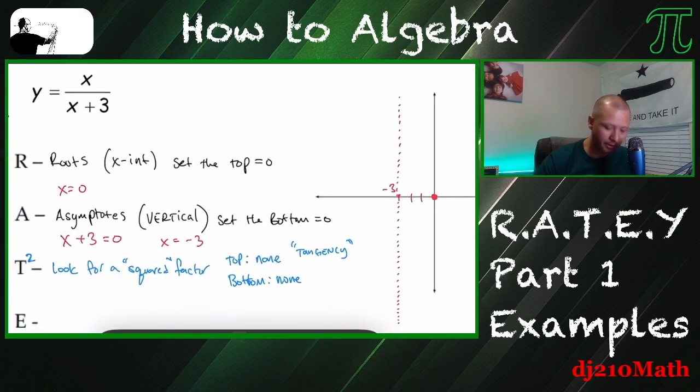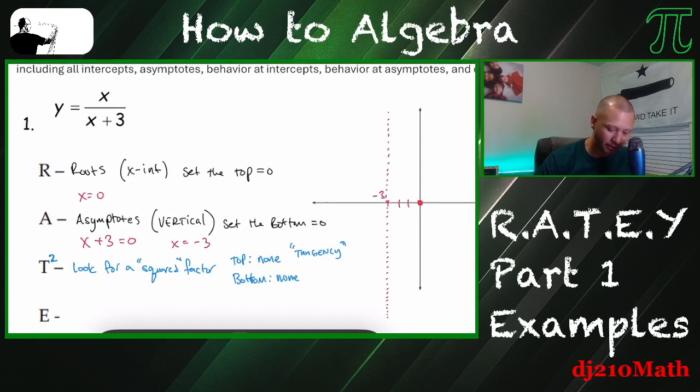Tangent, meaning it would touch at exactly one spot. So the graph would not cross at that x value if there was a squared value on top. I prefer the word bounce. So it would bounce at that x value if there was an x squared or a squared factor in the numerator. In this case, there isn't one, so I'm not worried about that at the moment.